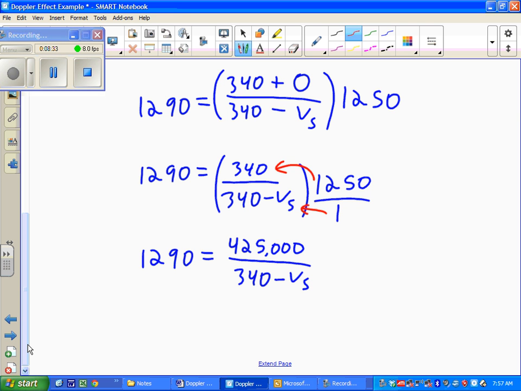All right? So now I need to get this out of the bottom. I don't like this variable in the bottom. So to get it out of the bottom, I'm going to multiply both sides times 340 minus Vs. I'm going to do that to this side, and I'm going to do that to this side. And so what that's going to do is basically cancel that.